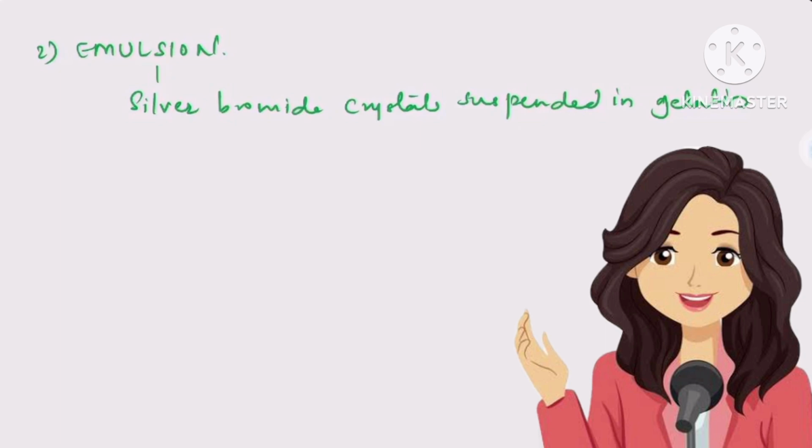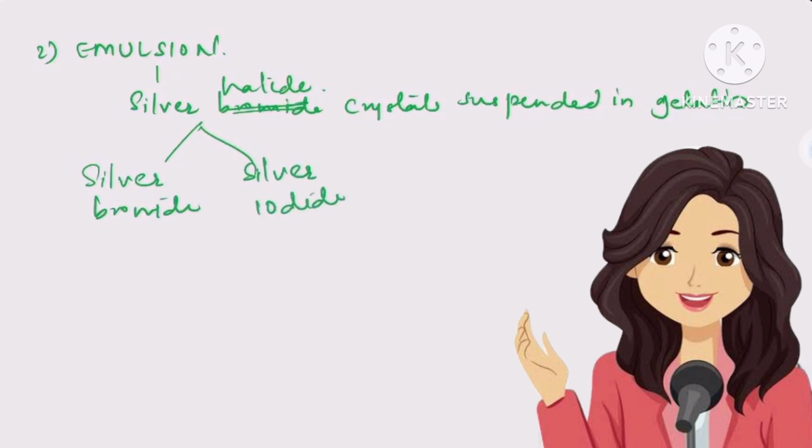To be very specific, silver halide crystals will be here. These silver halide crystals consist of silver bromide crystals and silver iodide crystals.